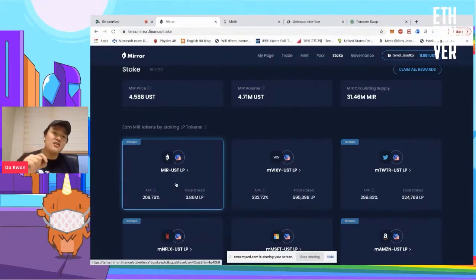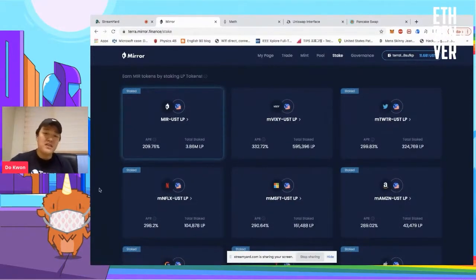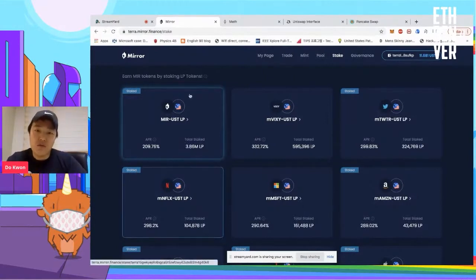So the yield is high, but it's only high to compensate for the very high risk of impermanent loss. But for Microsoft stock or Netflix stock or Apple stock, volatility is there, but it's definitely not at the scale of what you would expect from some of the smaller coins in DeFi. So that's something that's worth considering.